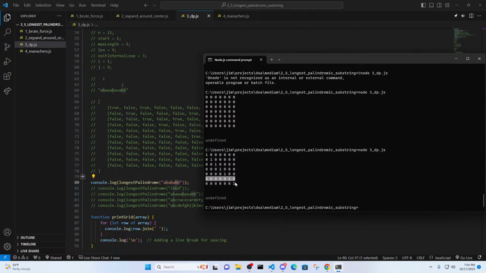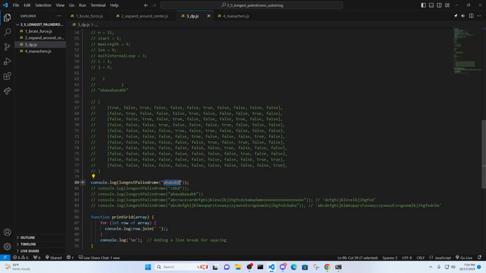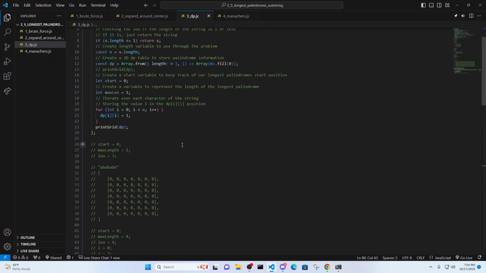So we can determine which row we're modifying by the i position of the character. Whatever character is being pointed to by i, that's the row we're editing, basically.